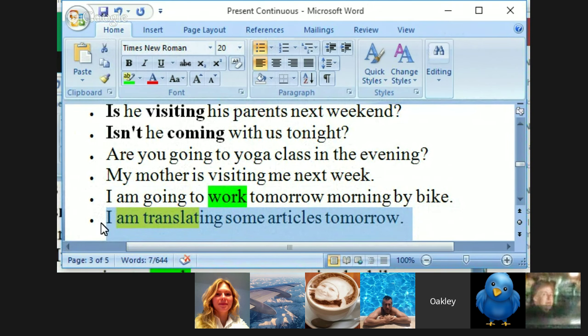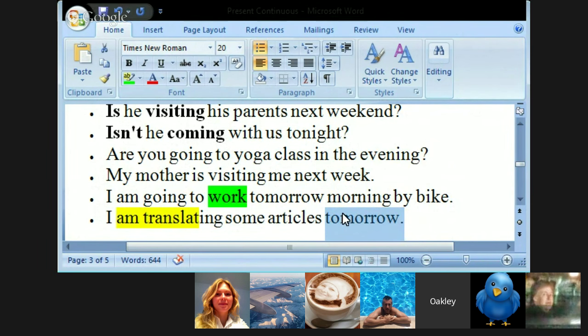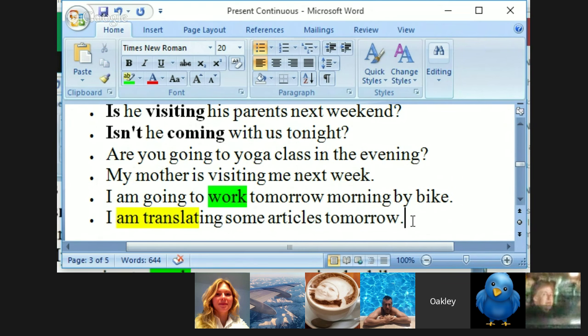We tend to use present continuous when it's tomorrow, very soon. We tend to use simple future with going to if it's farther away than a week, or what we perceive to be the near future. Okay, so when it is about near future, it's better to use continuous than going to.